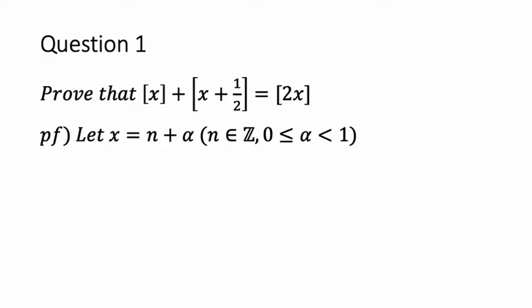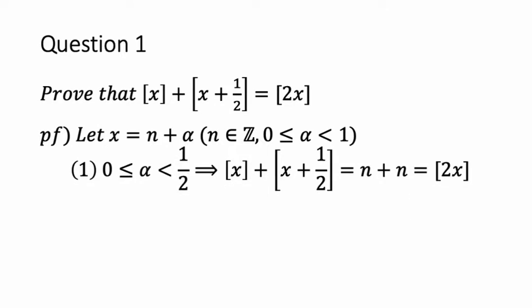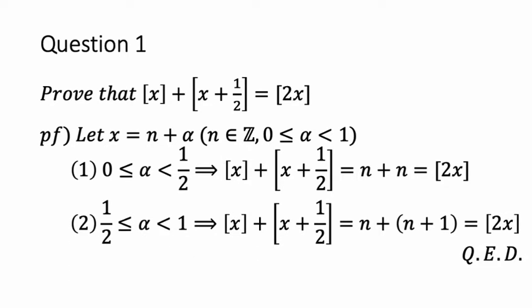The first section is that if alpha is between 0 and 1/2, then the thing that we're going to prove will be right. If we then look at if alpha is between 1/2 and 1, we'll also see that this will be right. And this is how we prove our first question.